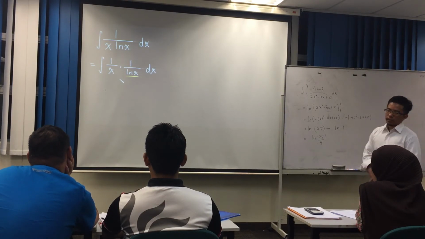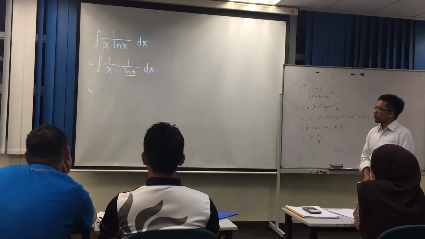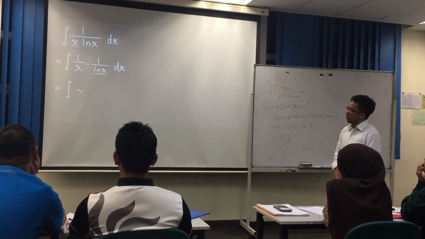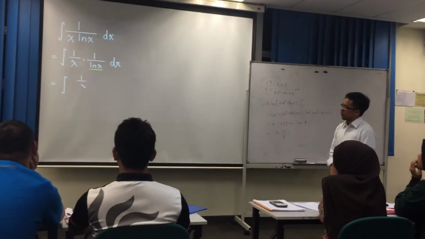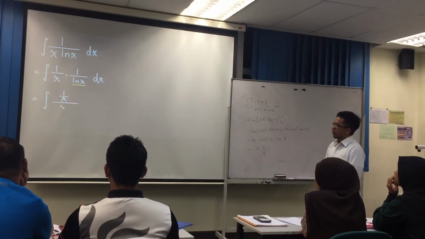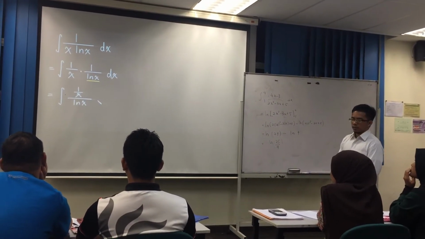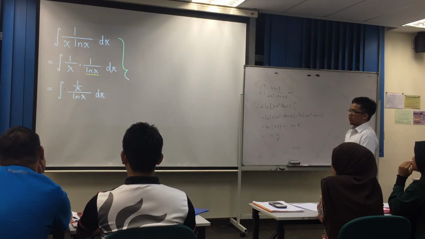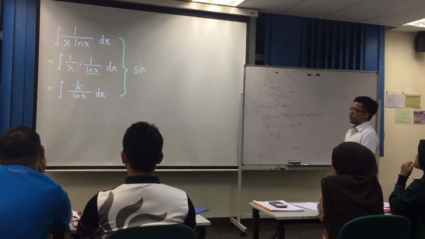Okay, do you guys understand so far? In fact, if we wanted to, we could even write it like this. These are all the same thing, just rewritten. We could write it as 1 over x over the natural log of x. So all three of these things are the same.